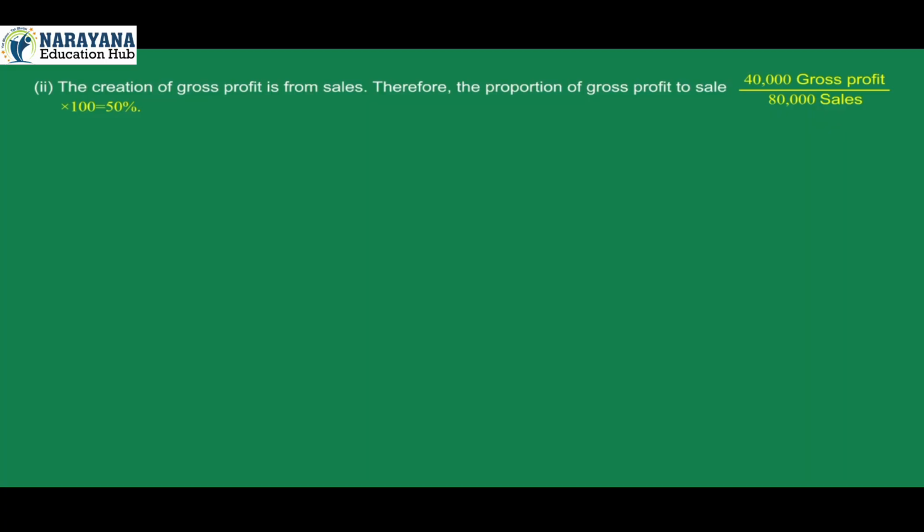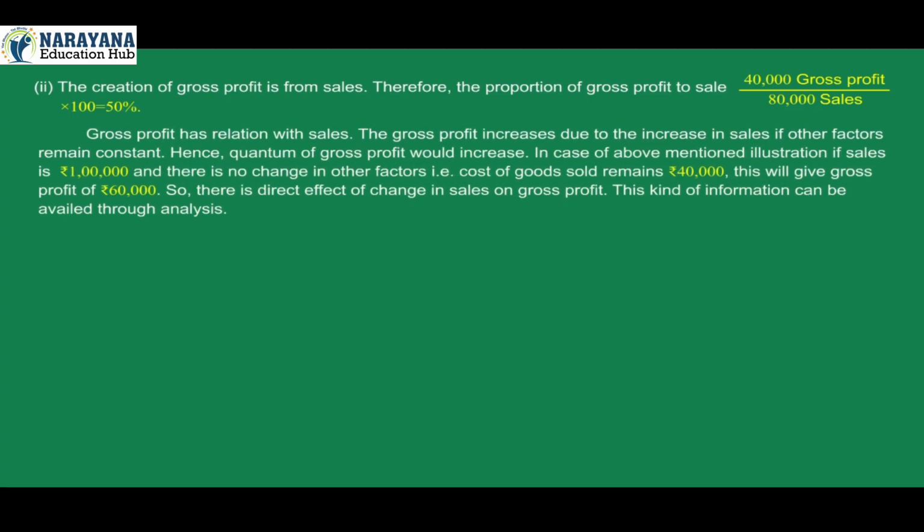Second, the creation of gross profit is from sales. Therefore, the proportion of gross profit to sales is 40,000 gross profit divided by 80,000 sales, multiplied by 100, which is equal to 50%. Gross profit has a relation with sales. The gross profit increases due to the increase in sales if other factors remain constant.